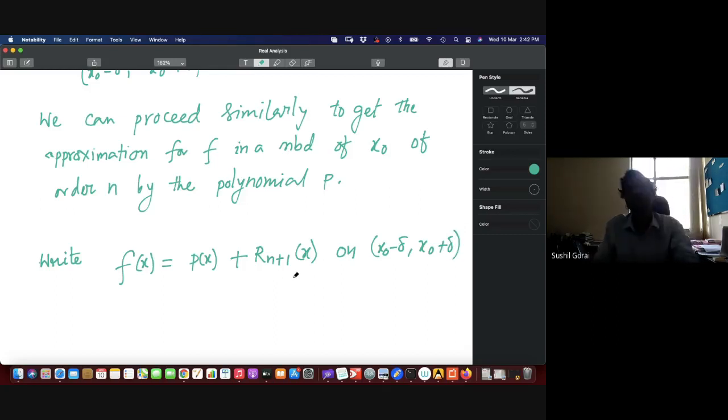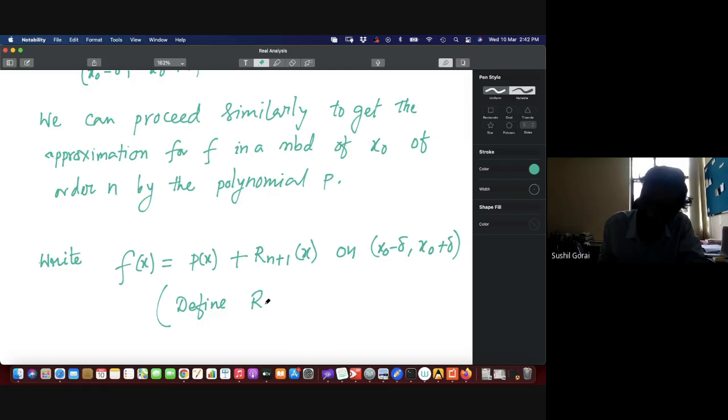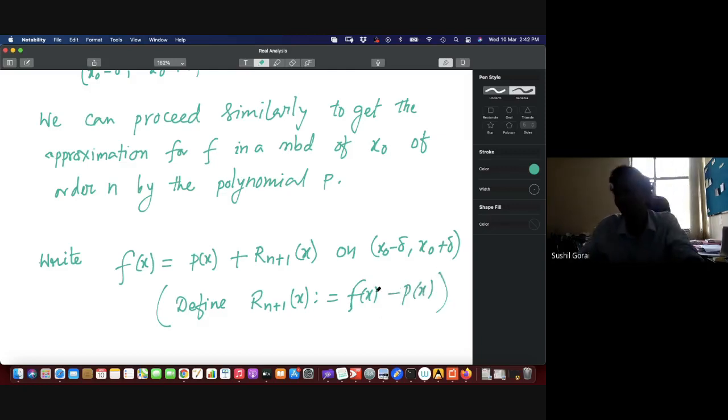So this is the error term, the remainder term. Okay. So you can always write it. So what does it mean? It means, we don't know what R n is, define R n plus 1 x as f x minus p x. All right. So this is what it means. We have created a new notation, but it is just the difference. It is supposed to be small. What form, we don't know.